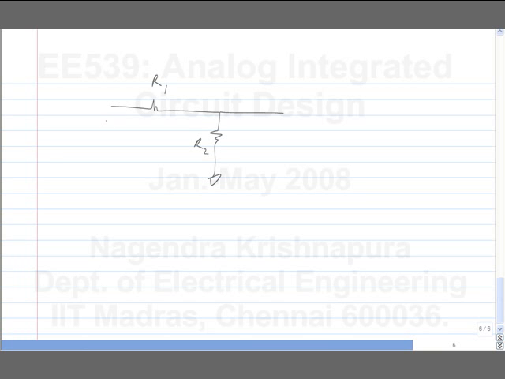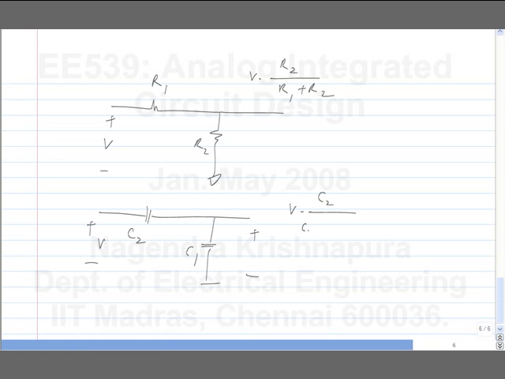I get V times R2 by R1 plus R2. I have C2, C1, so I excite this. What do I get here? V times C2 by C1 plus C2. Okay. So I connect these and it remains the same.